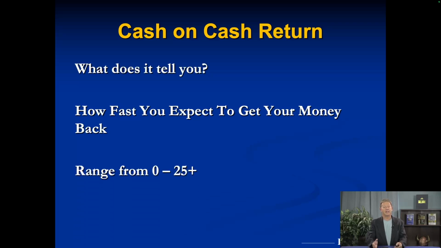So it typically ranges anywhere from 0 to 25% on the cash on cash return. An average cash on cash return that an investor would expect to get is a 7 plus. Okay, the average cash on cash return on a deal that you would go into is anywhere from a 12 plus. So what's the difference? It's the amount that you're going to carve out for yourself with putting the deal together, and then the other part is the part that you're going to be giving to your investors. So the average range is 0 to 25%.